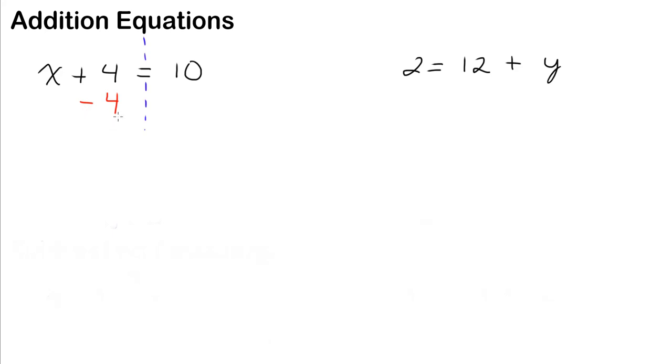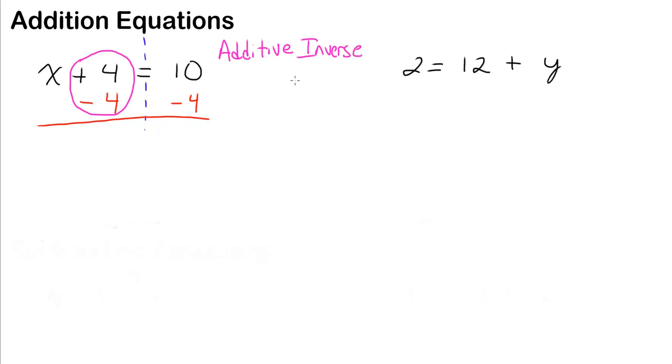And remember the rule: whatever we do to the left, we must do to the right. So if I'm going to subtract 4 from the left side, I must subtract 4 from the right-hand side. So first, what's going on here, where I have 4 minus 4, this has a special name. It's called the additive inverse. And the additive inverse means that whenever you add a number to its opposite, the answer is always 0.